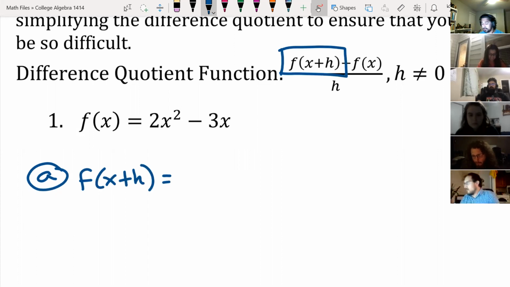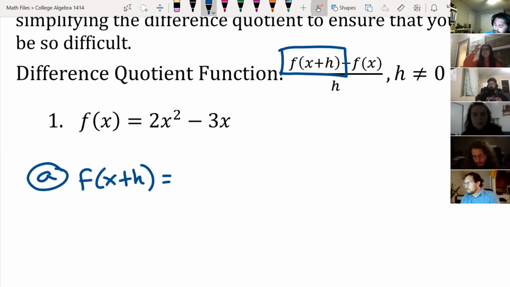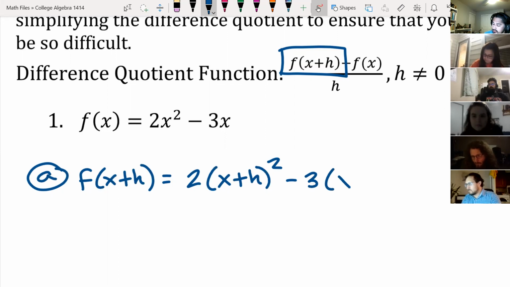So what this means is take x plus h and plug it in for every x into the given function and simplify. So we'll get 2 times x plus h squared minus 3 times x plus h. So we're plugging x plus h in for every x. And now we must simplify.